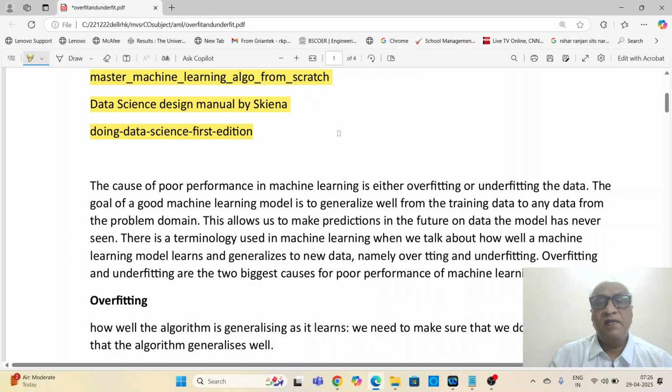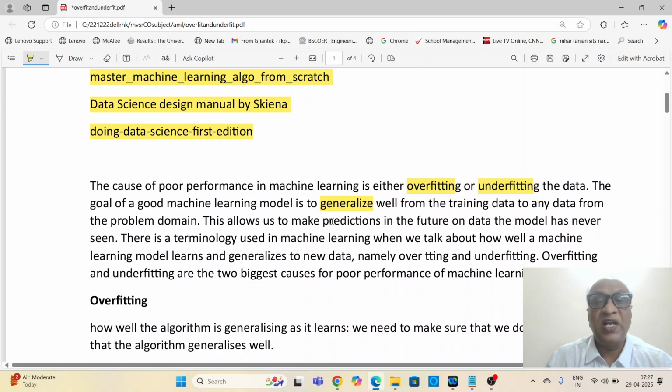Any machine learning model, if it is performing poorly, it is either because of overfitting or underfitting the data. What is the goal of a good machine learning model? It has to generalize from the training data to any other data from the problem domain.